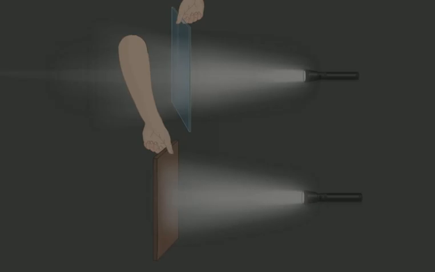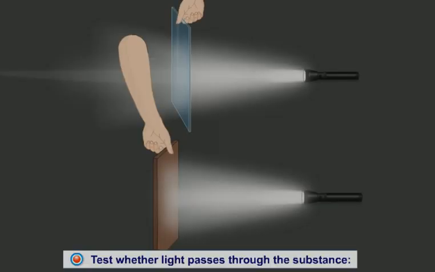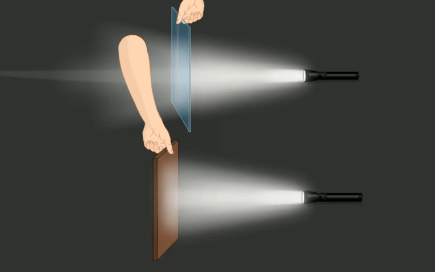Now let us test whether light passes through the substance or not by performing this activity. Students, this experiment can be carried out in the sunlight or simply with the help of a torchlight.